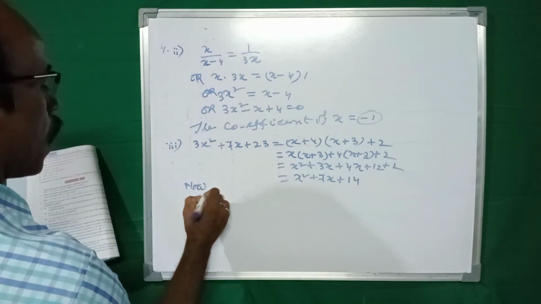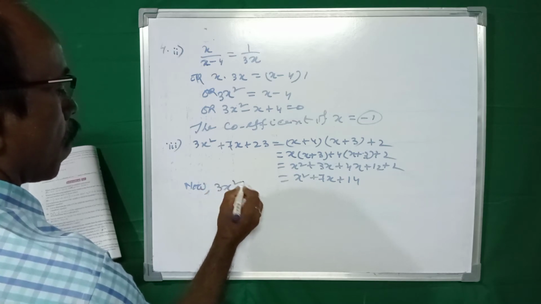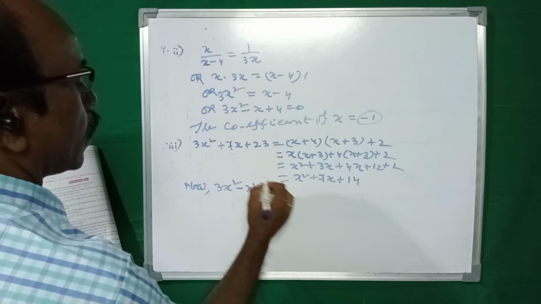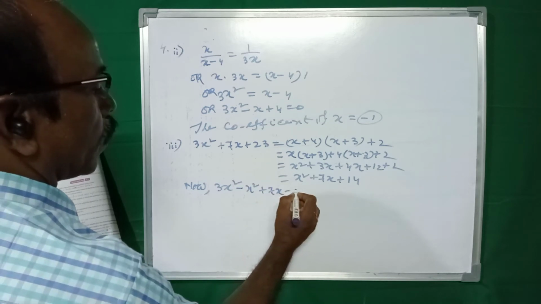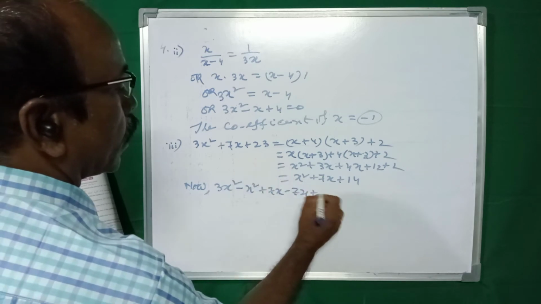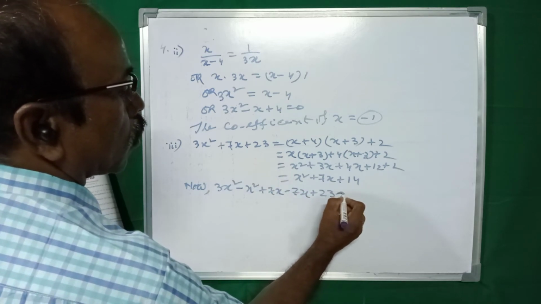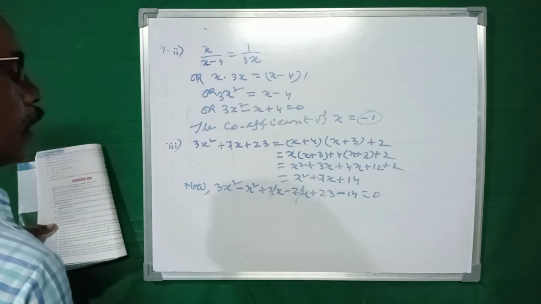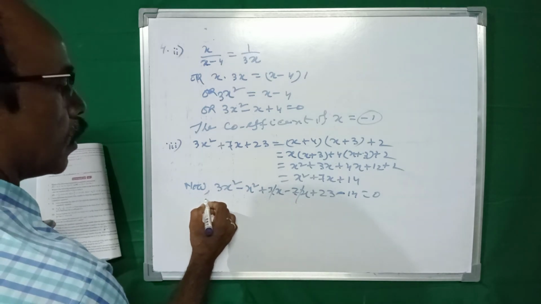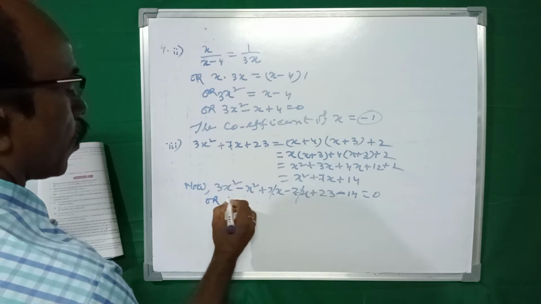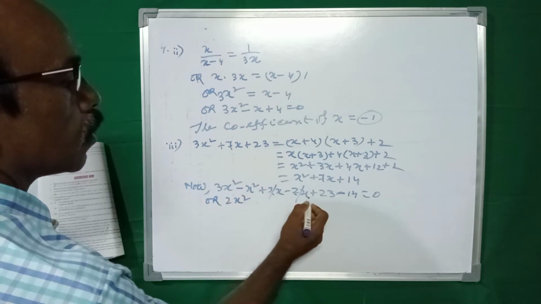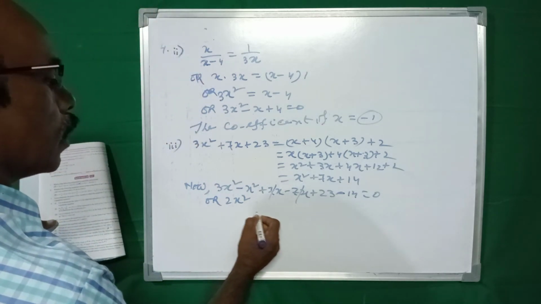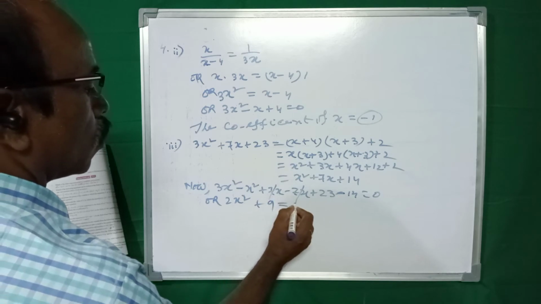Now 3x square minus x square plus 7x minus 7x plus 23 minus 14 is equal to 0. 7x minus 7x cancel, then 2x square plus 9 is equal to 0.